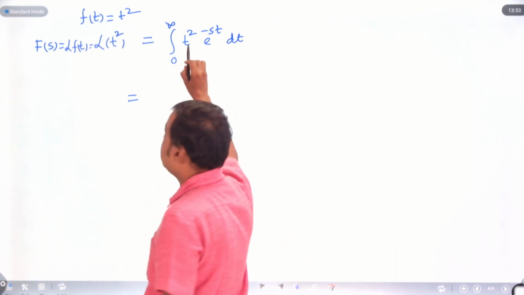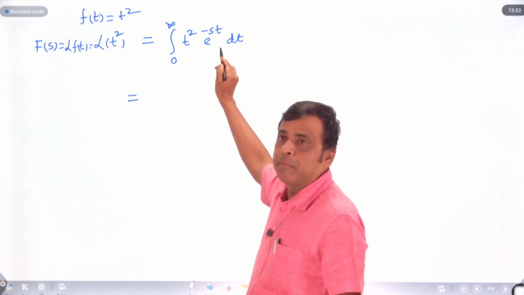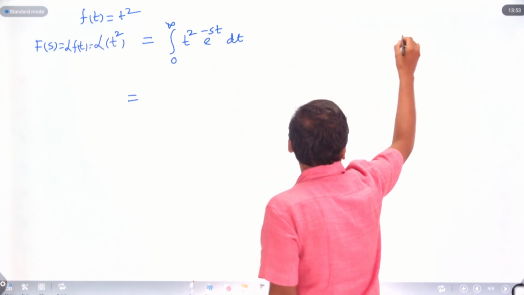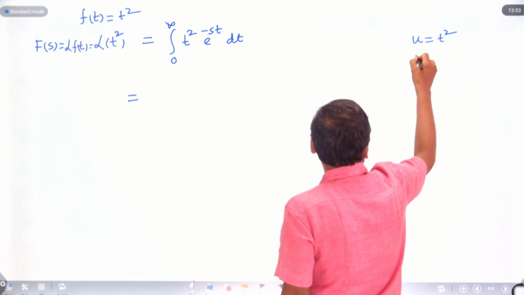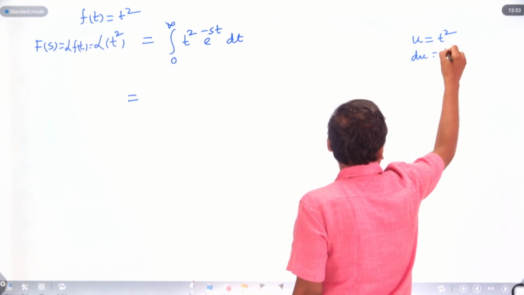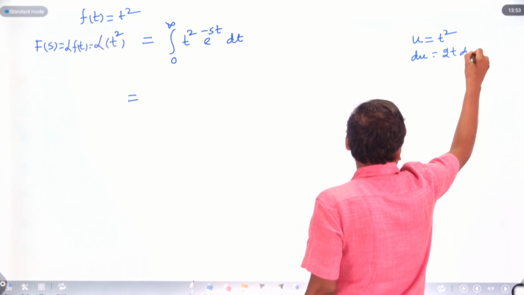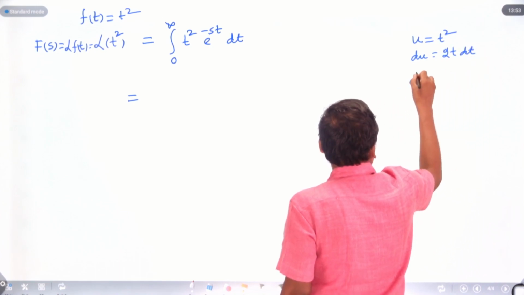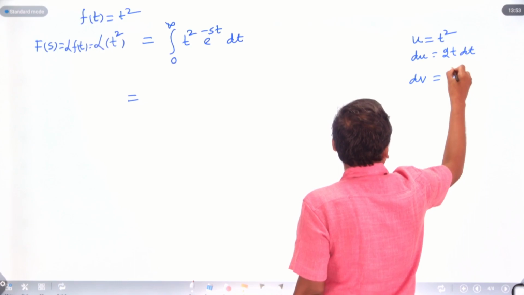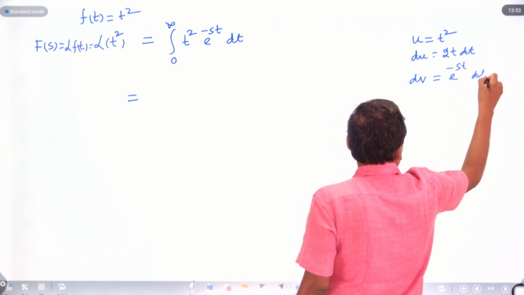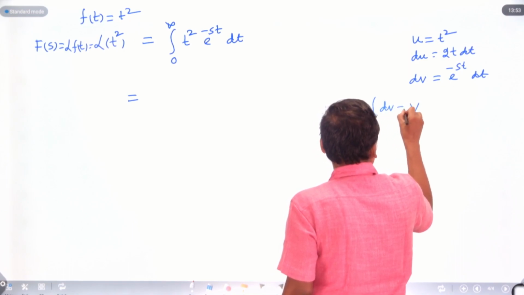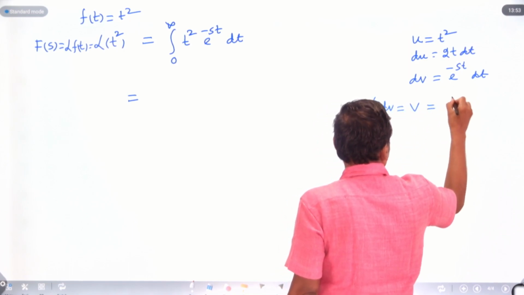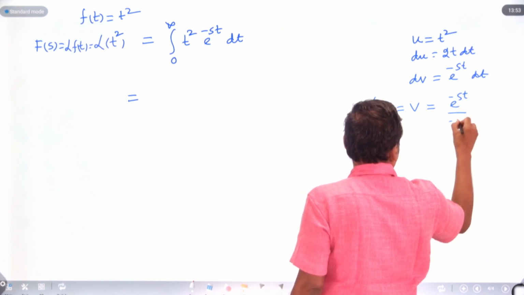Here the first function is t square and the second function is e to the power minus st dt. So u equals t square, and du is 2t dt. Similarly, dv is e to the power minus st dt, and v, the integration of dv, equals e to the power minus st divided by minus s.